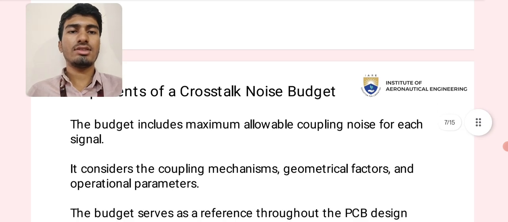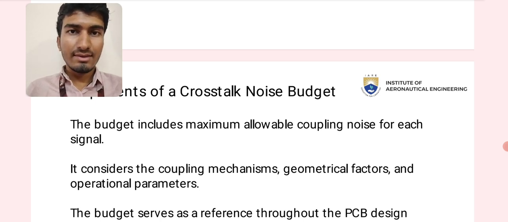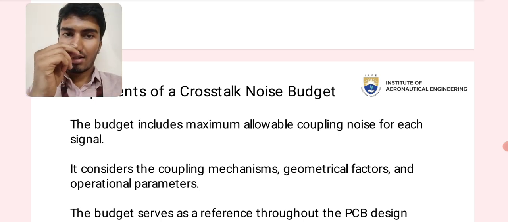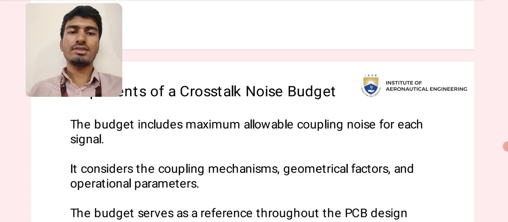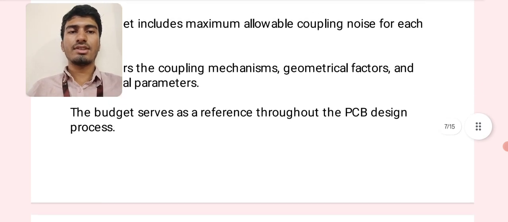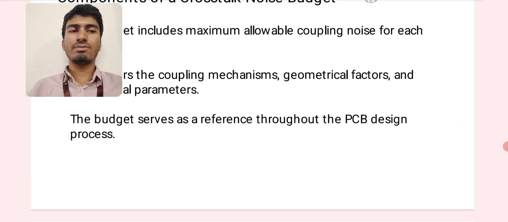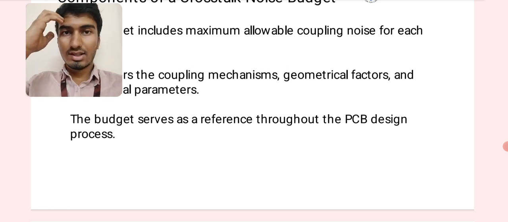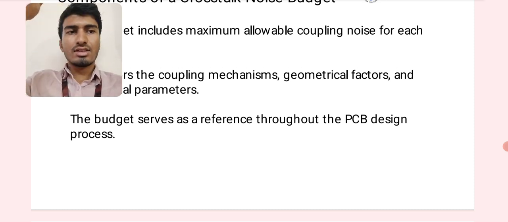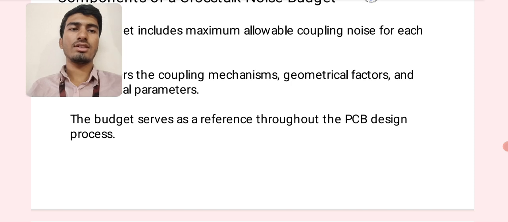It considers the coupling mechanism, geometrical factors and operational parameters. The budget serves as a reference throughout the PCB design process, and should be very compatible with the PCB design.